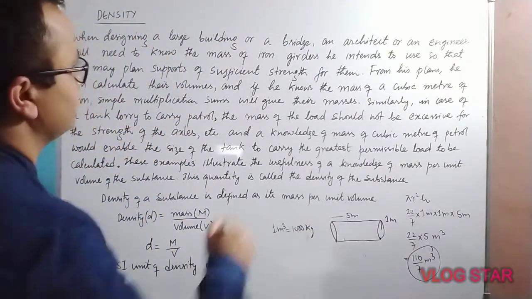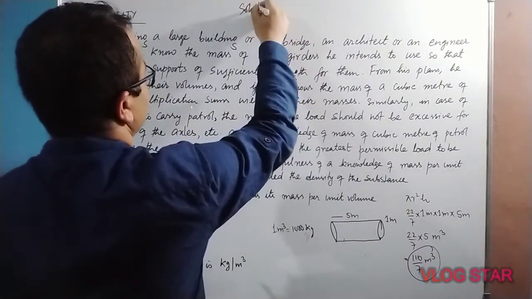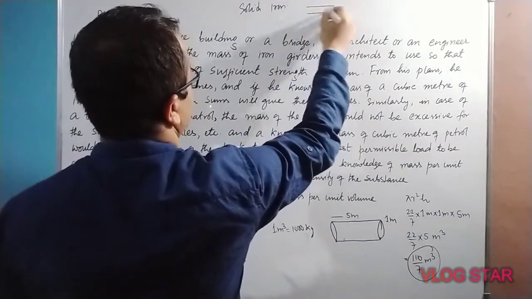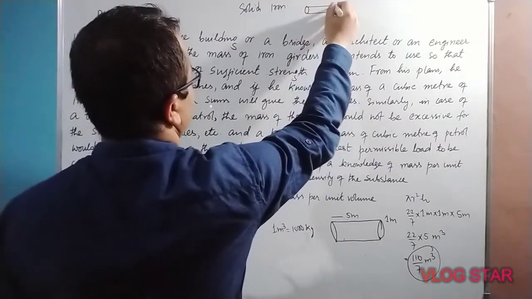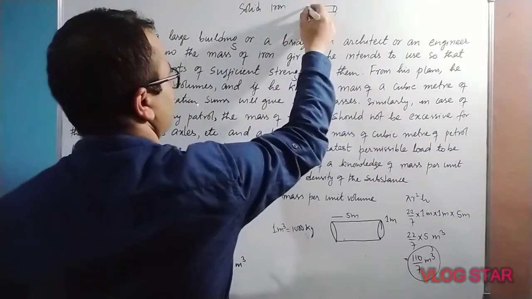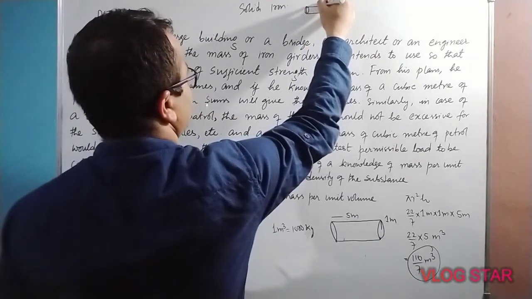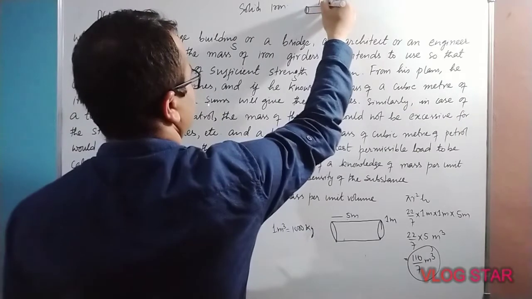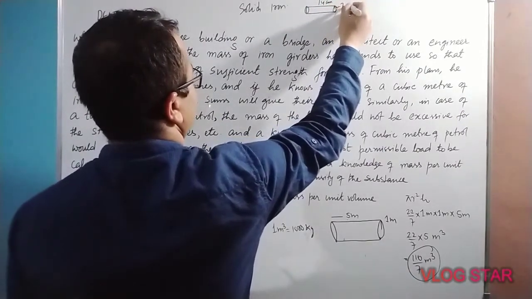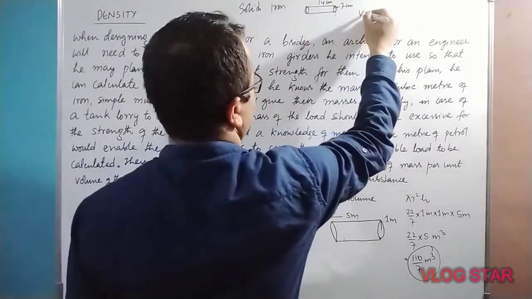Suppose we have solid iron in the shape of a cylinder. The length of the cylinder is say 14 centimeter and the radius is 7 centimeter. First we have to calculate the volume. Volume equals pi r square h.